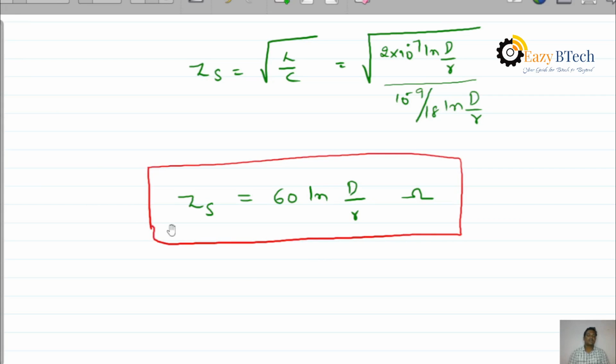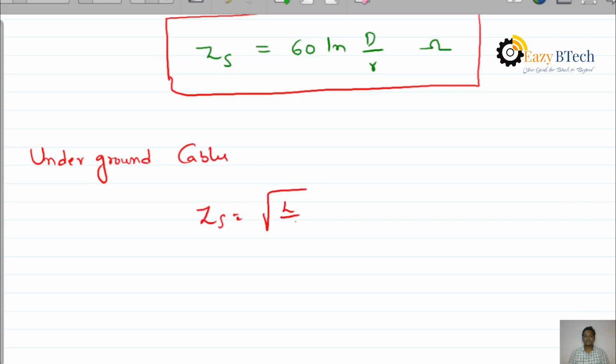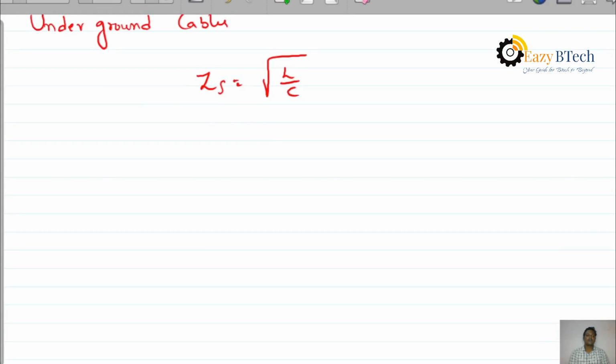Now we will see the calculation in underground cables. The formula is the same. Characteristic impedance is root L by C for both cases, but the formulas for L and C are different for overhead and underground cables.